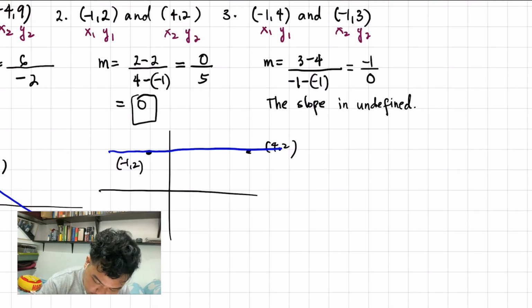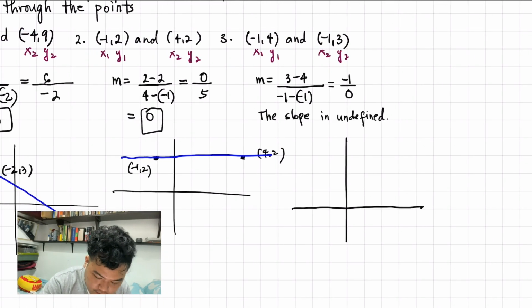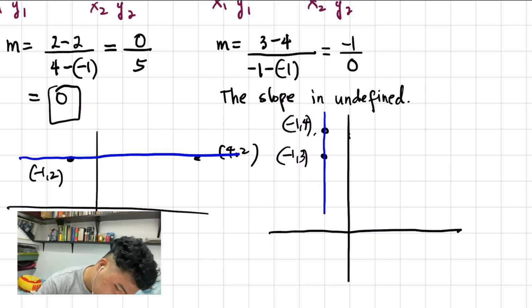While, what is this line? We have (-1, 4). This is (-1, 4), and this is (-1, 3). So we have this line.